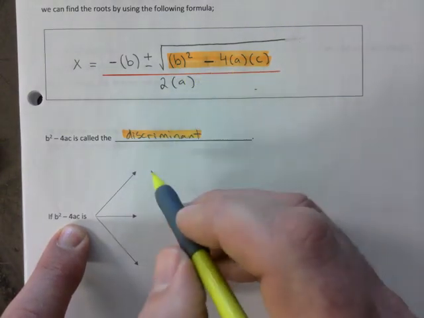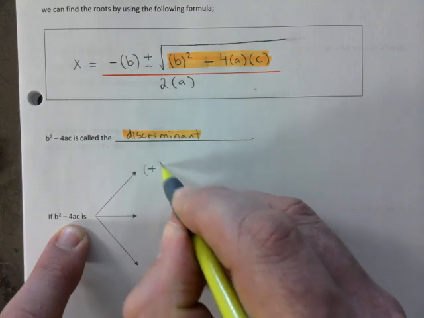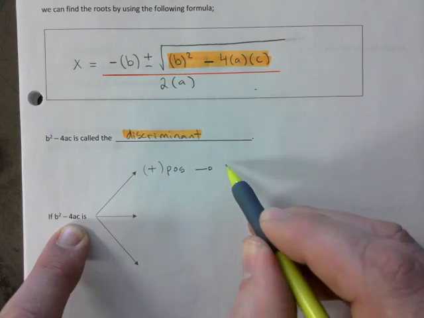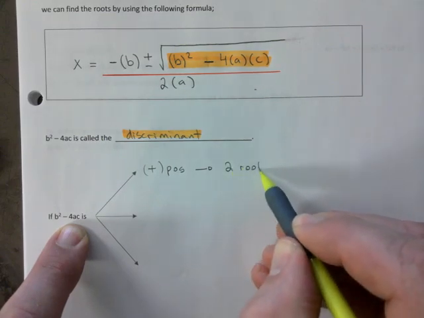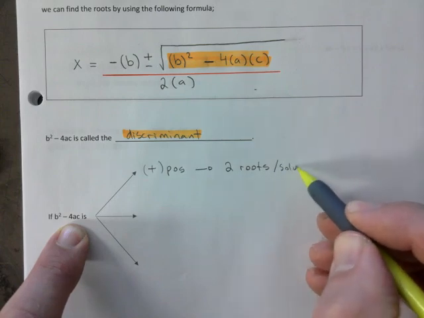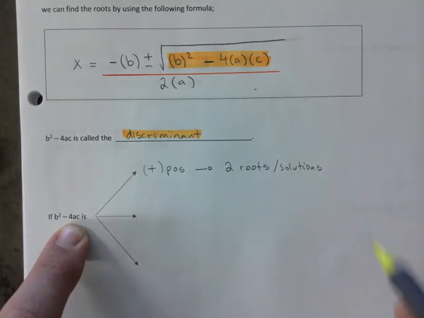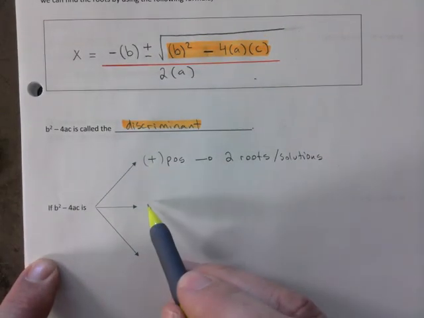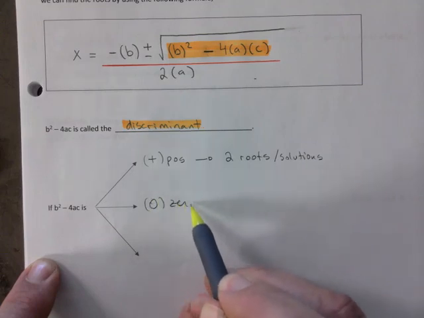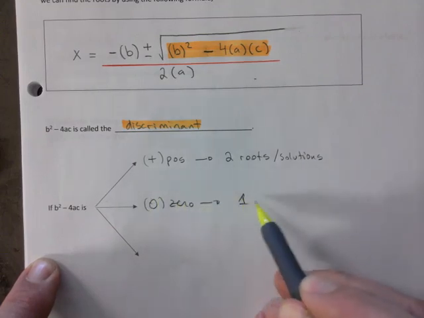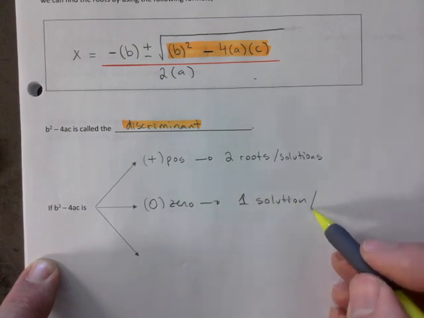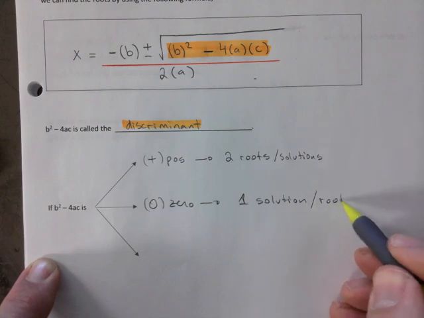into your calculator and you get a positive answer, okay, so positive, that means that this parabola will have 2 roots, or we can call it solutions as well. If it's equal to 0, one solution, or root.